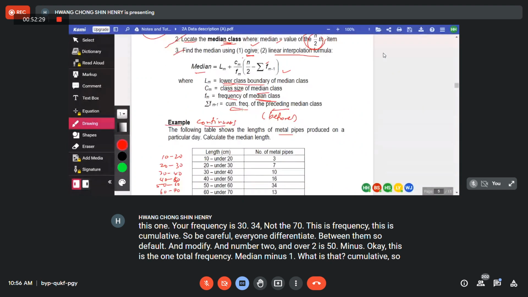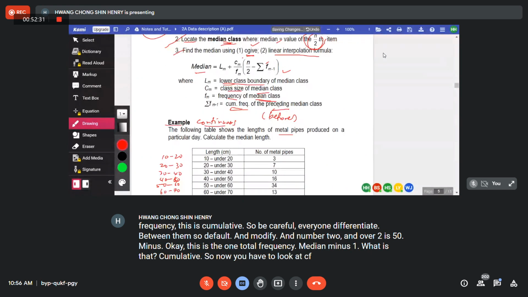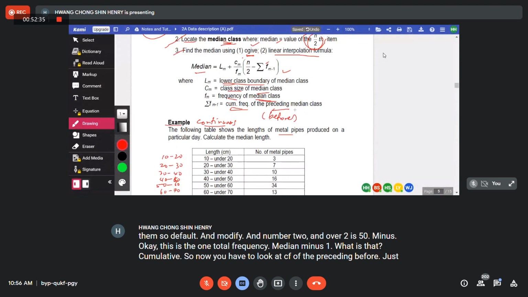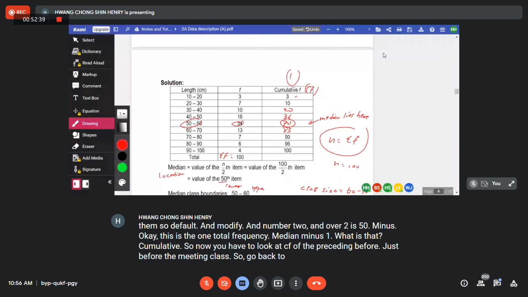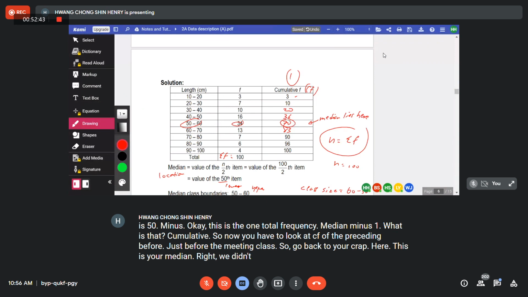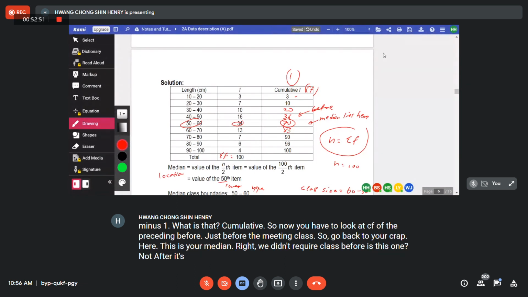Cumulative. So now you have to look at the CF of the preceding class, just before the median class. So go back to your CF here. This is your median class, right? Before is this one. After is 83.